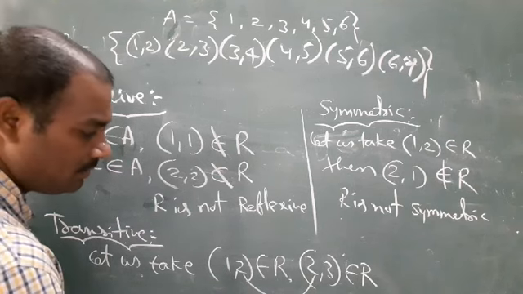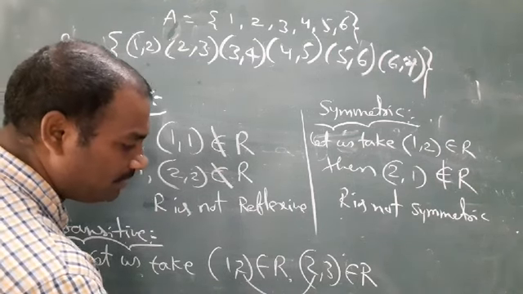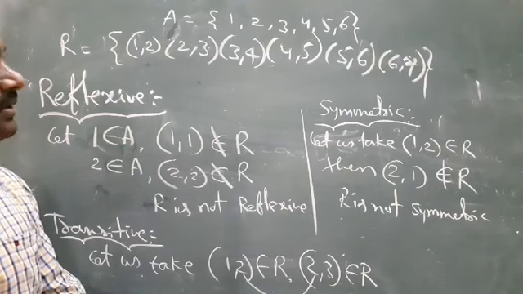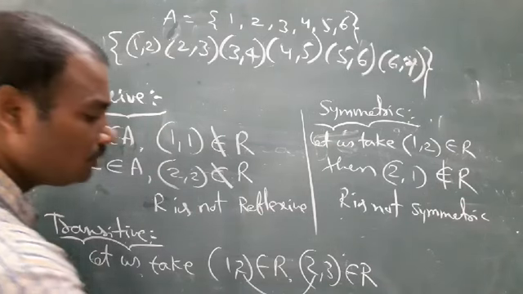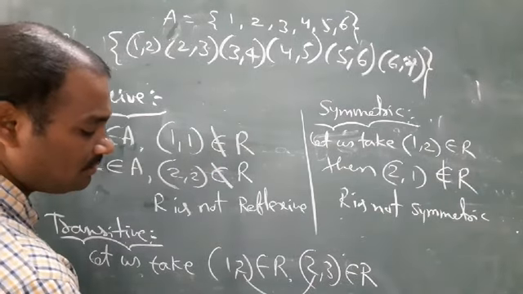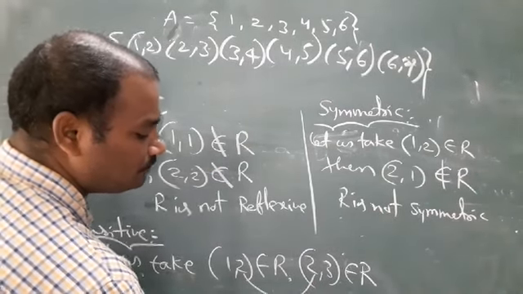Now we have to prove (1,3) is an element in R. No, it does not belong to R. So R is not transitive.